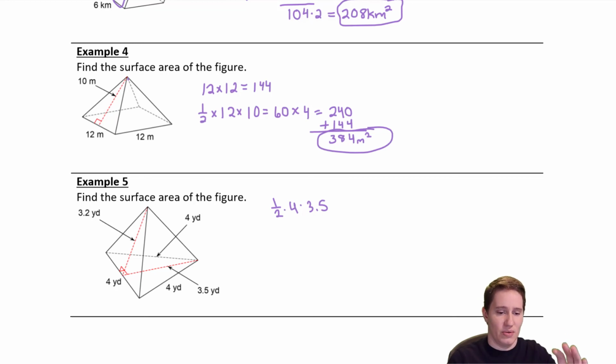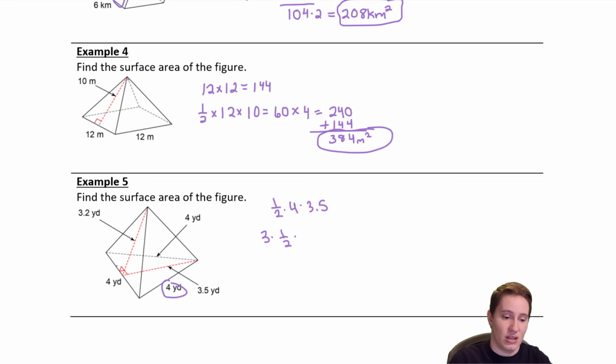That's the bottom. Then we've got 3 triangles around. This is an equilateral triangle on bottom because it points out that this is a 4. And so what that means is that those 3 triangles that are around, those are each going to be the same size. So we'll be able to do essentially 3 times 1/2 times the base times the height.